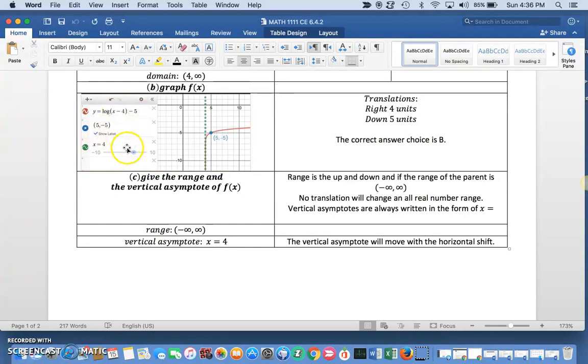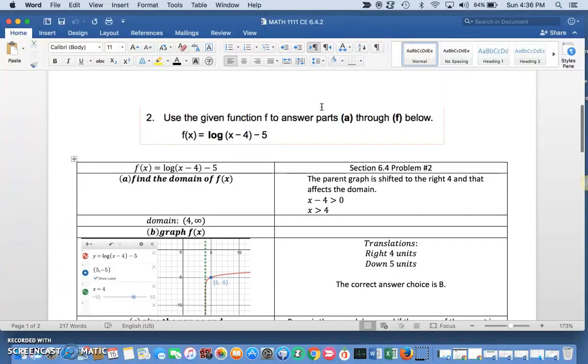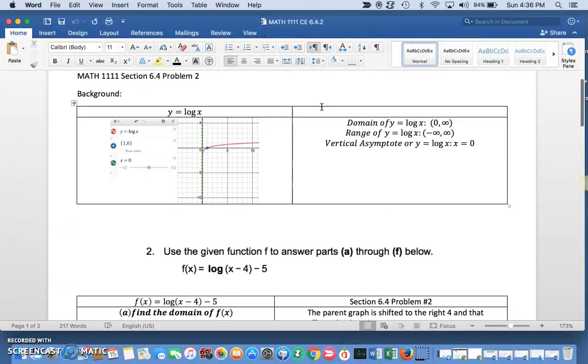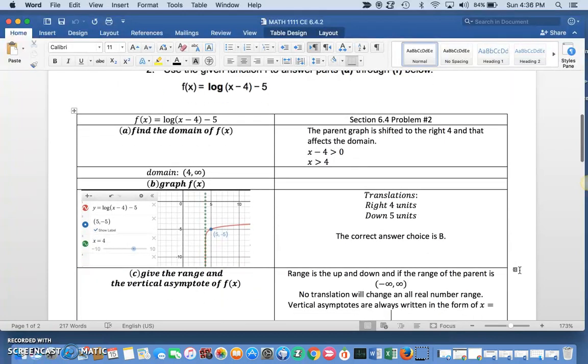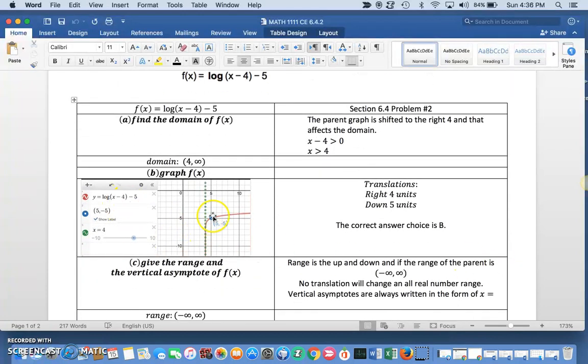What's the transformation? If I'm at 1 and I go right 4, I'm at 5. If I am at 0 and I go down 5, I'm at -5. So we went from the point up here that was (1, 0), we went to the point (5, -5). 1, add 4, puts you at 5. 0, subtract 5, -5. So this is the graph.